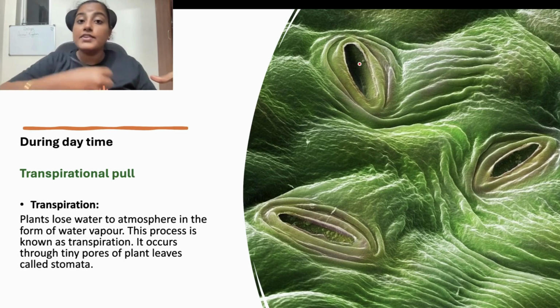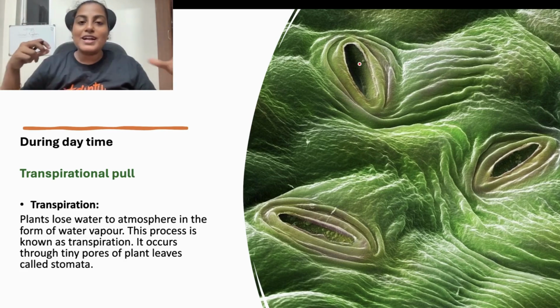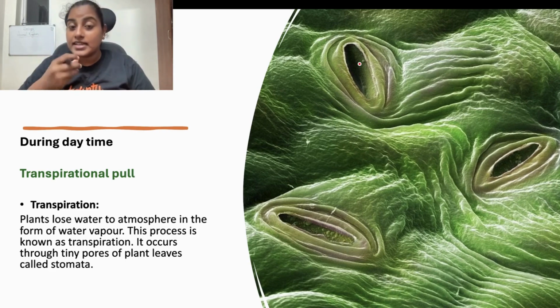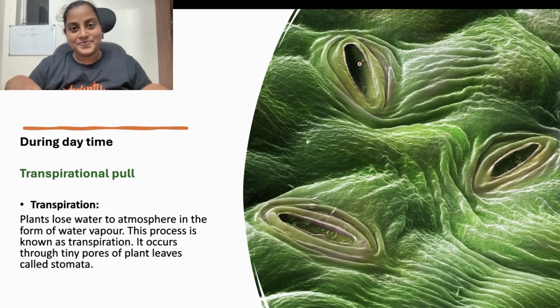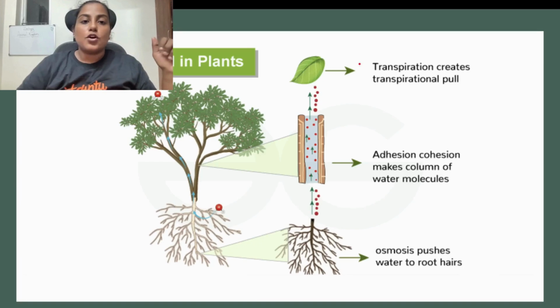A vacuum is created and that creates a suctional pull. Imagine putting a straw in a cold drink and drinking it, or in a coffee or any beverage. The sucking motion, right? This is exactly like that. So what is happening? Because of transpiration, a suctional pull is created. That phenomenon is called transpirational pull, and this is a beautiful picture.